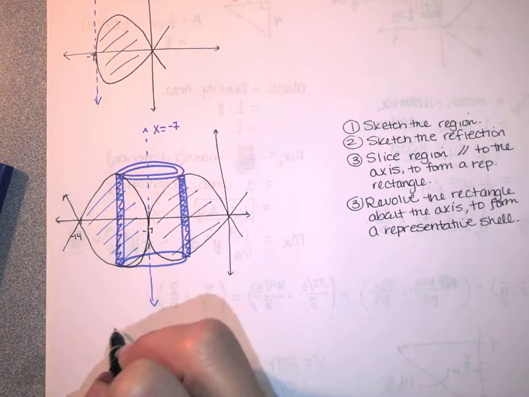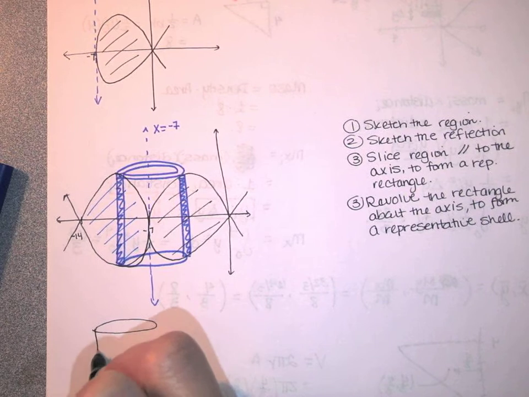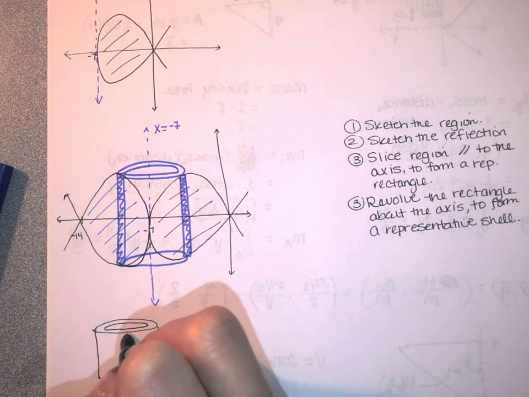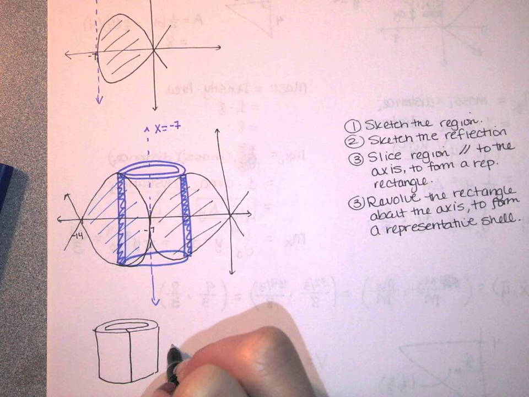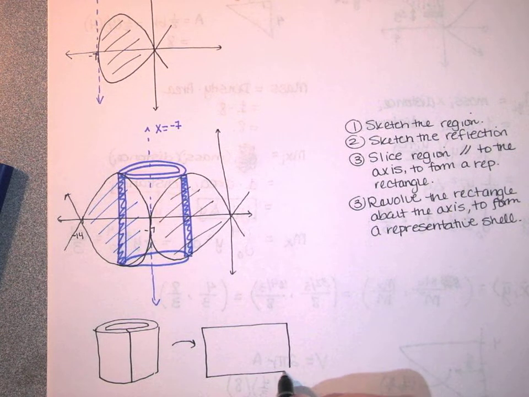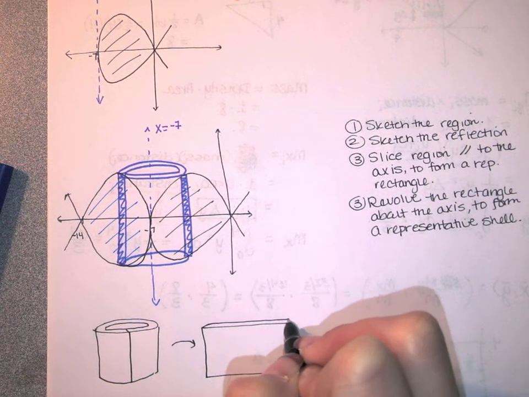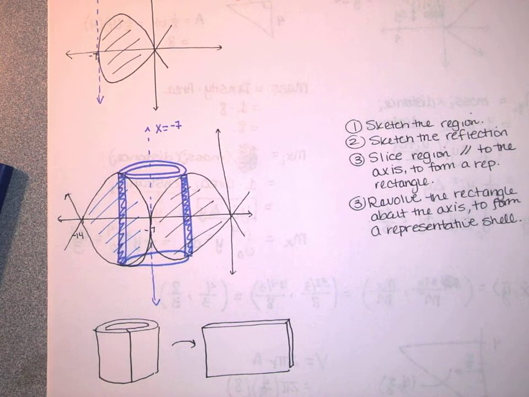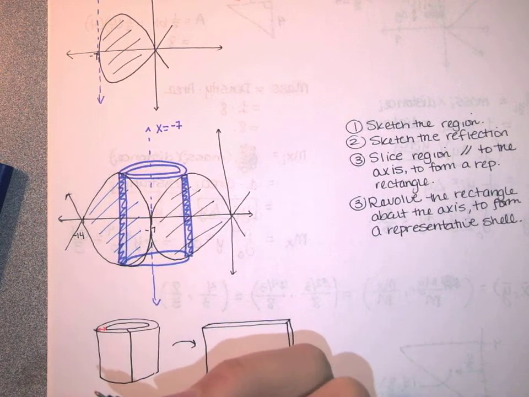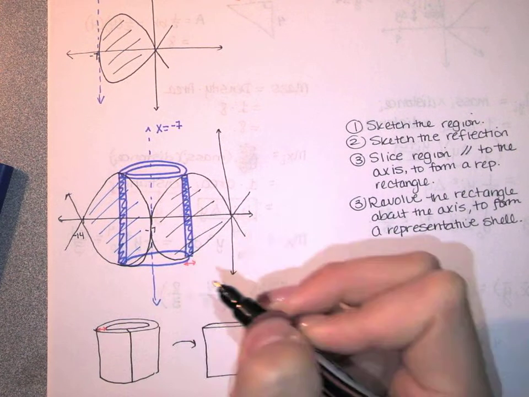So we know if we take a cylindrical shell that looks like this, we slice it down the side like a can of beans and unfold it, this dimension here, that width of the shell is equal to the width of that rectangle.